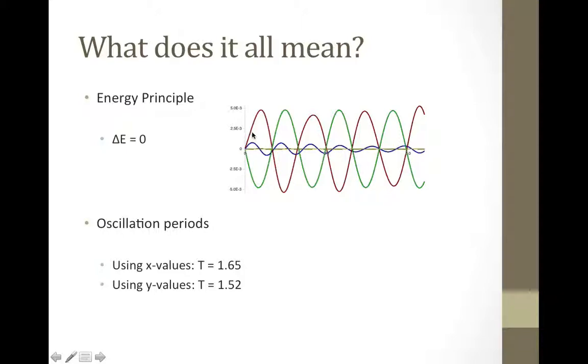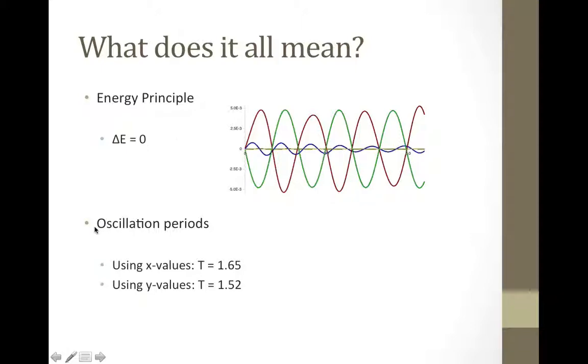This red line is the potential spring energy, the green line is the potential gravitational energy, and the blue line is the kinetic energy. And this yellow line through the x-axis, that you can't see very well, but it's right on the x-axis, is the overall change in energy, and that stays at 0 the whole time. So that's good, since energy was preserved, and that follows the law of conservation of energy.